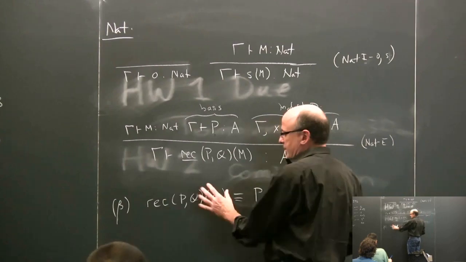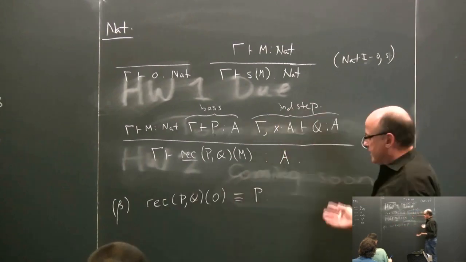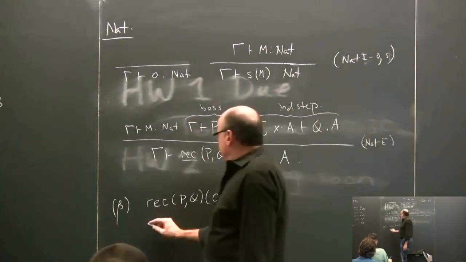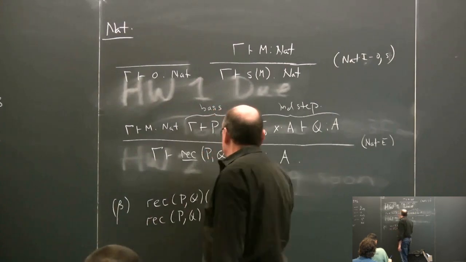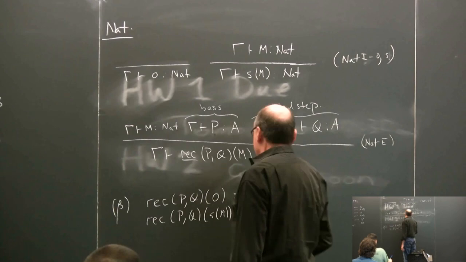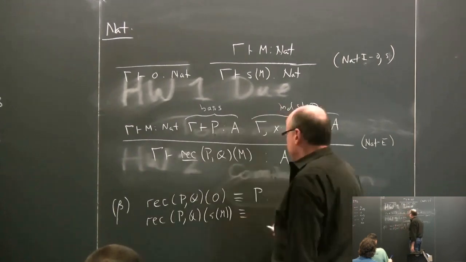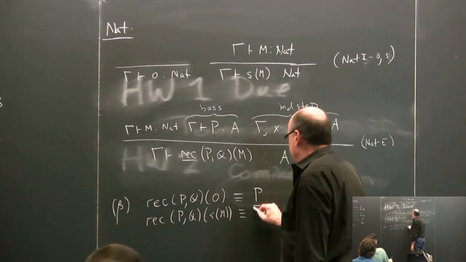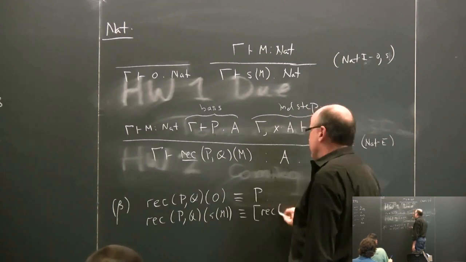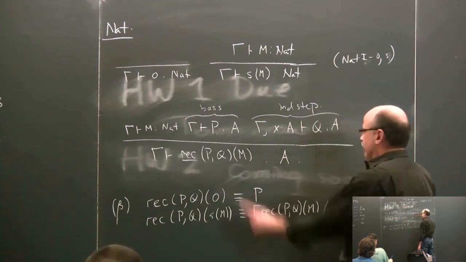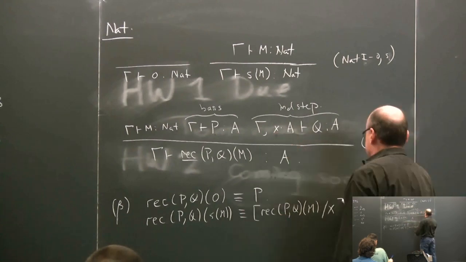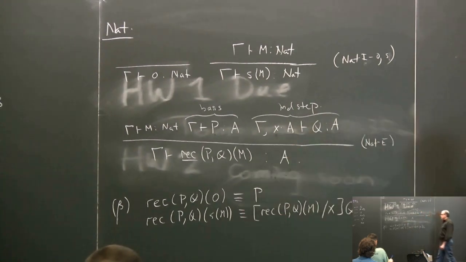You just look at this elim following intro, and then you cancel in the appropriate way. And then the other rule: rec P Q applied to, let's say, successor of M, I could do this with a variable, is going to be: you make the recursive call on M, and then plug that in for, I think I called it x, in Q. All right? So those are the two beta rules.